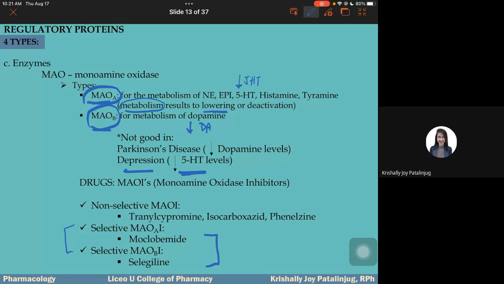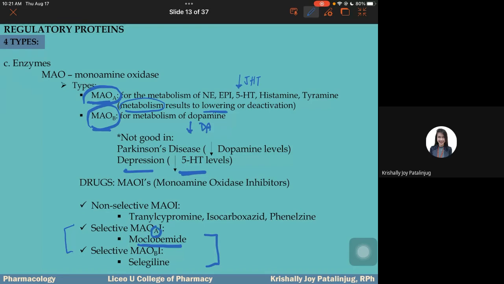If I were to ask you, between moclobemide and selegiline, which do you think offers clinical or beneficial effect to patient with depression, moclobemide or selegiline? Yes, it's moclobemide. Very good, because it is this drug that targets MAO-A.